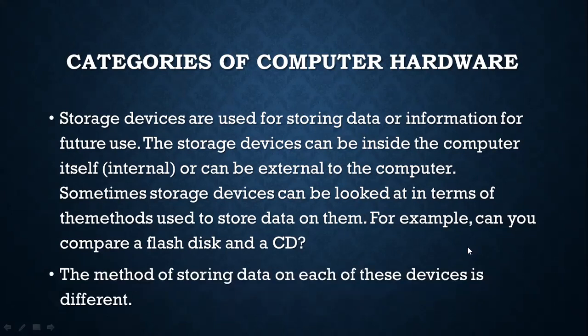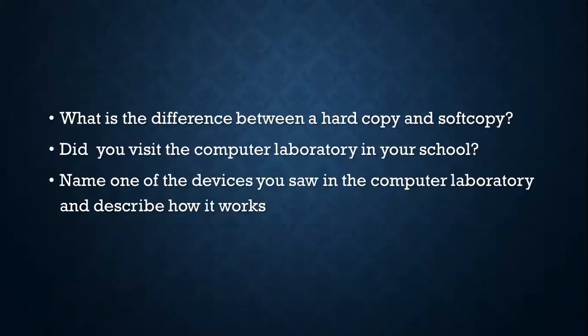We are saying the method of storing data on each of these devices is different. So the hard disk has a different way of storing data. The floppy disk has a different way of storing data. The flash disk has a different way. And then the compact disk also has a different way.